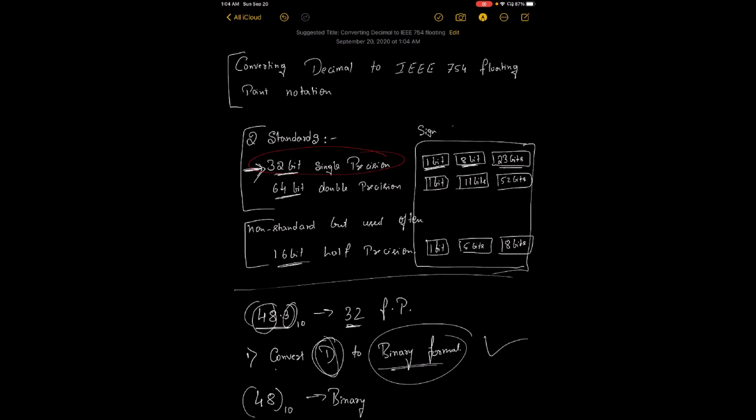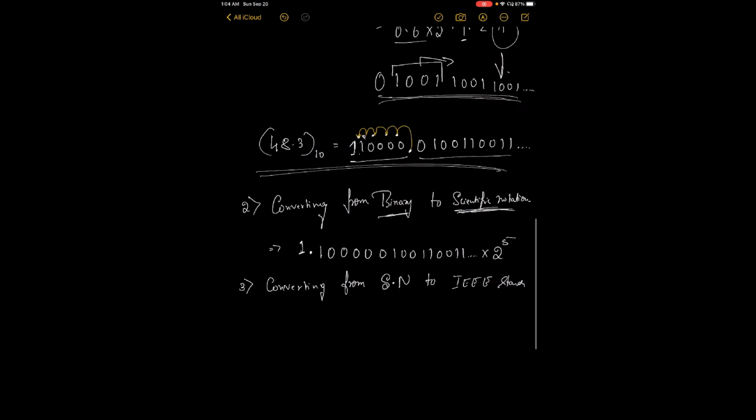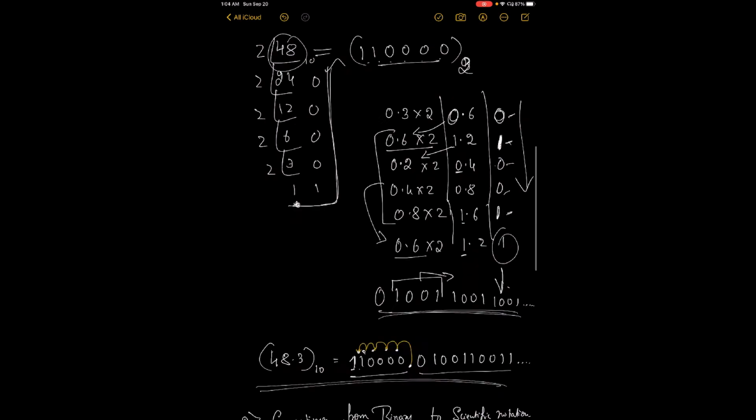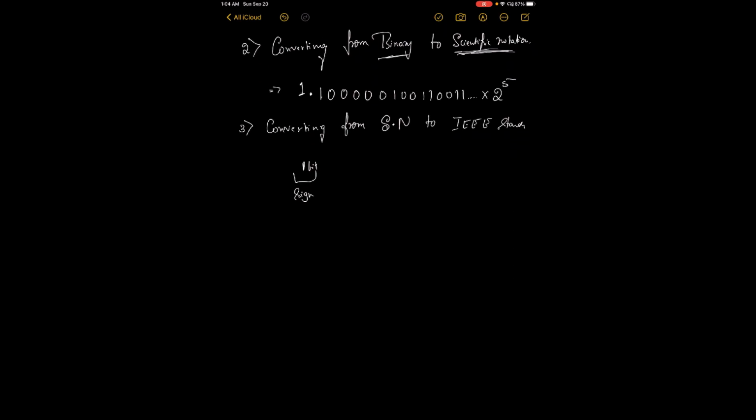So it's called, the second division is exponent, and the third one is mantissa. So we'll see what those are. So for 32-bit, we have 1 bit for sign bit, 8 bits for exponent, and 23 bits for mantissa representation.